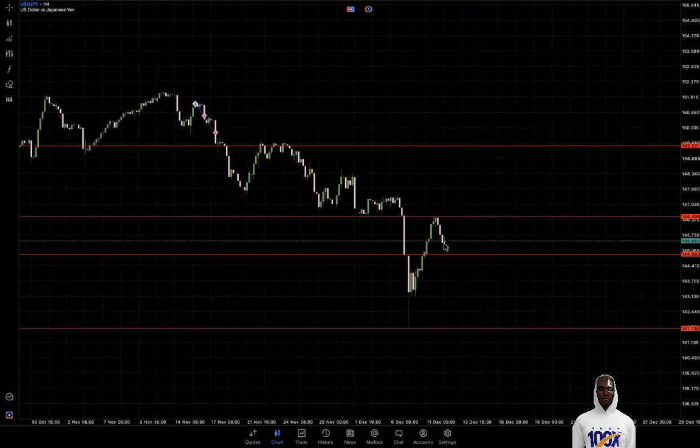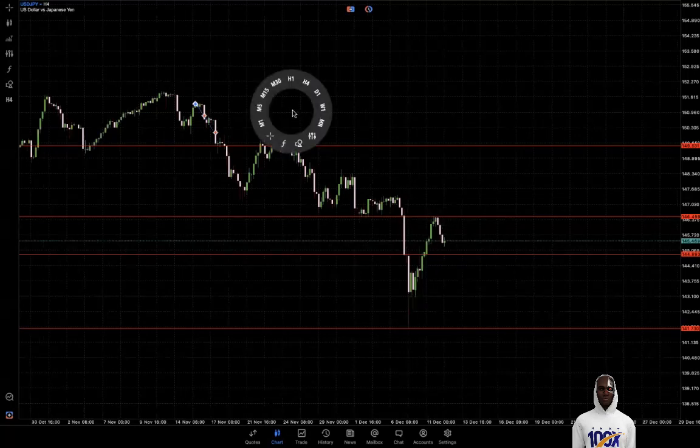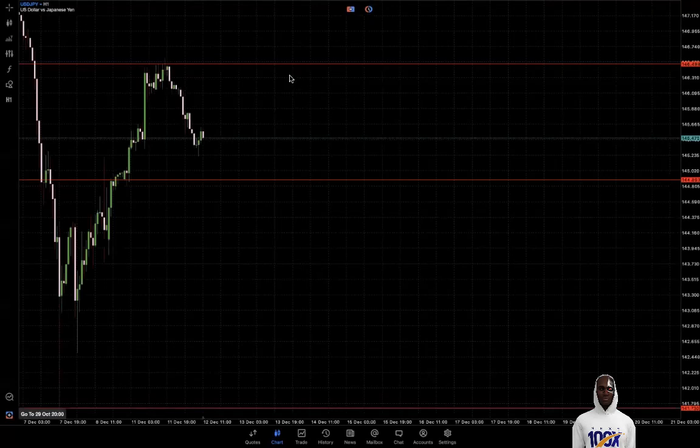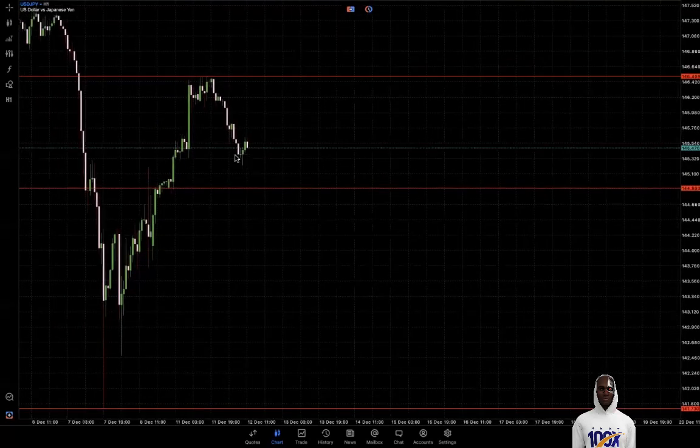However, that doesn't dismiss the fact that buy momentum is coming in, bullish momentum is coming in. So when we go down to the 1 minute time frame, we can see price rolling down.